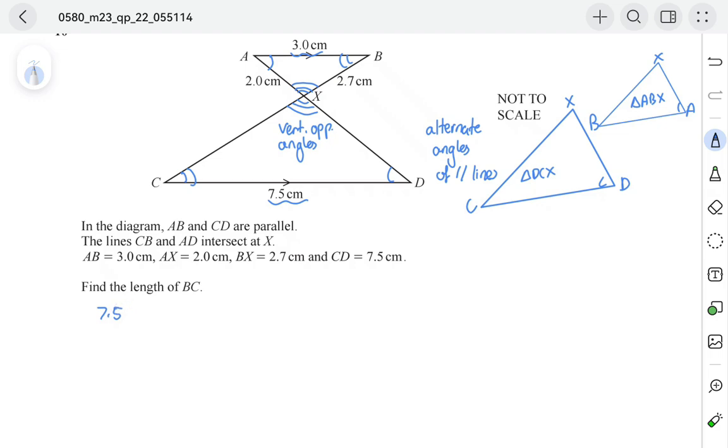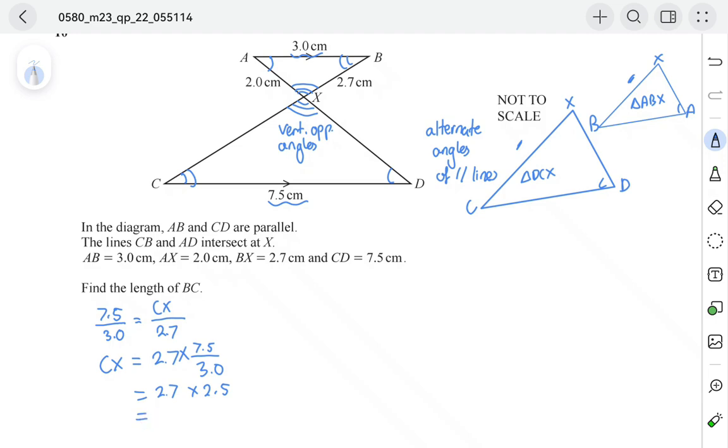So we know that this ratio is the same as CX over BX, which is 2.7. So rearranging for CX, we get 2.7 times 7.5 over 3, which simplifies to 2.7 times 2.5 equal to 6.75 cm.